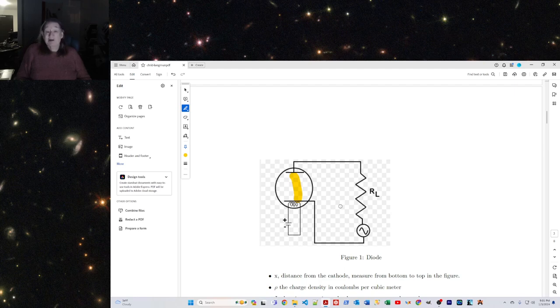I mean, it's physically reasonable that the more positive charge there is on the anode, the greater the current. But is the current proportional to the voltage? Is it proportional to the square of the voltage? What's the relationship? Well, we're going to see that it's actually proportional to the voltage times the square root of the voltage. So it's a little faster than a direct proportion relationship.